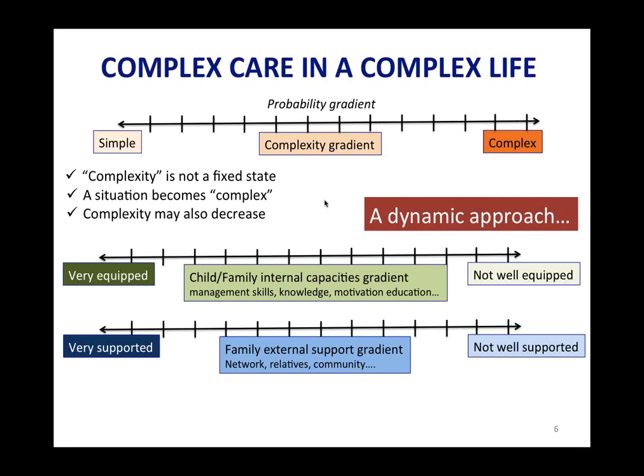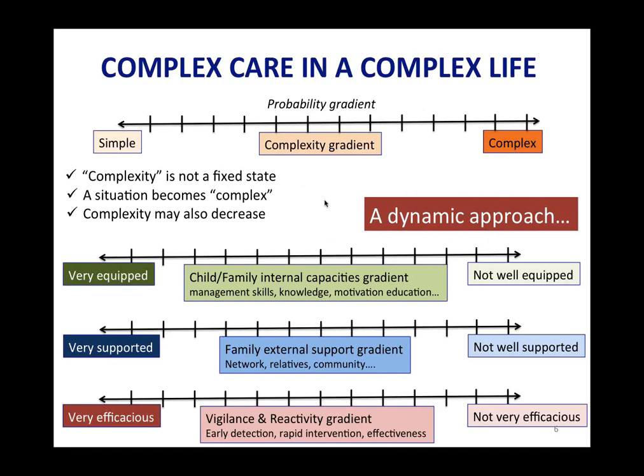Another gradient of network connection and community involvement, and another one of efficiency, with a system that is able to detect problems rapidly and find solutions quickly as well. We could add probably another 10 gradients, meaning there are solutions to organizing life in situations of complexity that could make it more efficient with fewer consequences on the family, the child, and the youth.